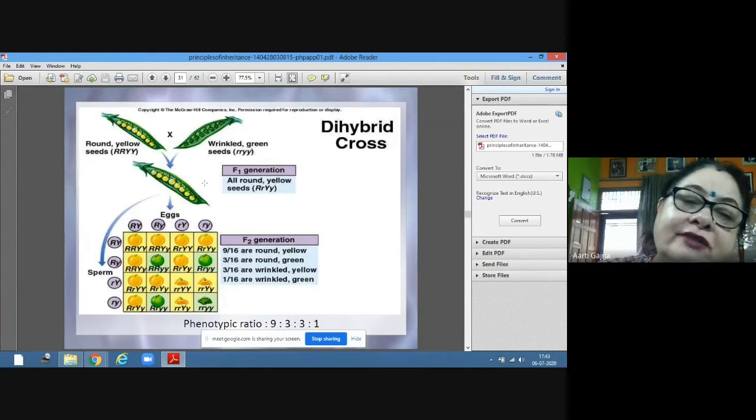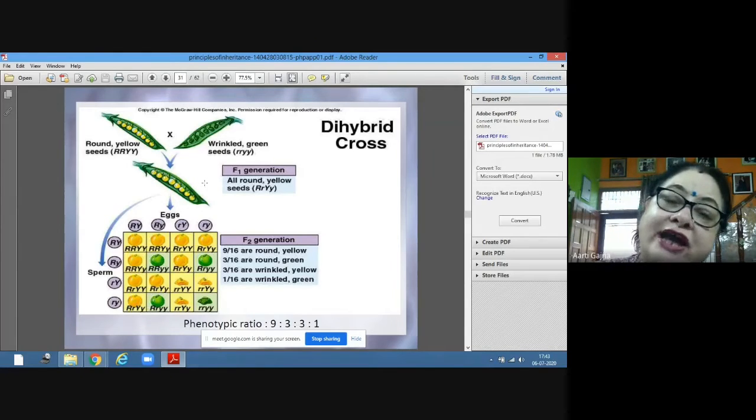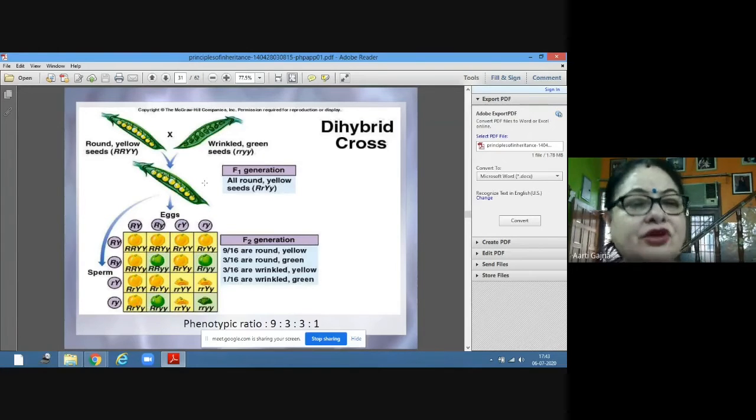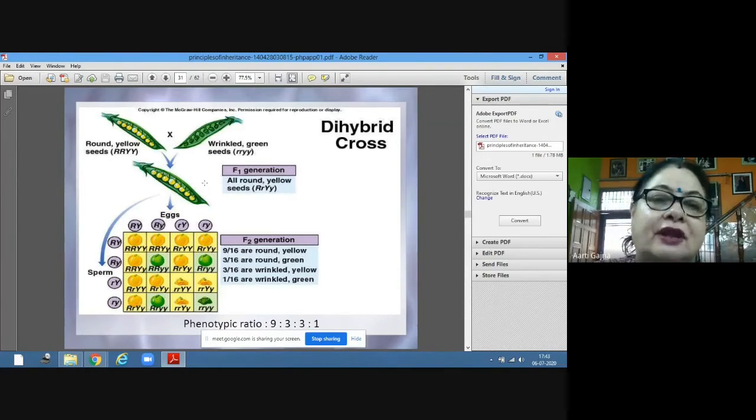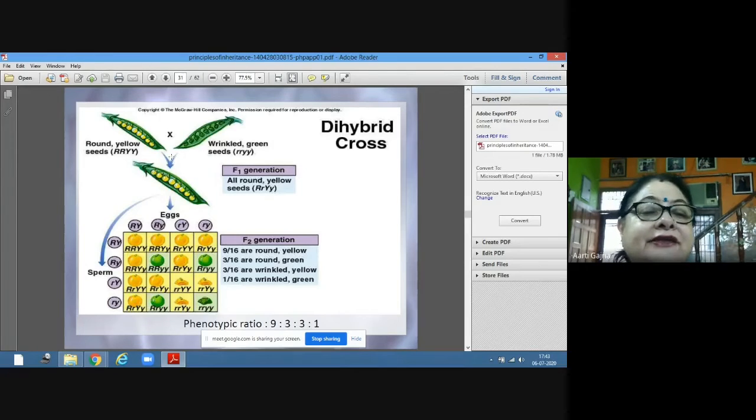You can find black eye with black hair also. Similarly, you can find black hair with blue eye. You can find brown hair with blue eye. So these characteristics are not depending on each other. They are segregating independently at the time of formation of gametes.